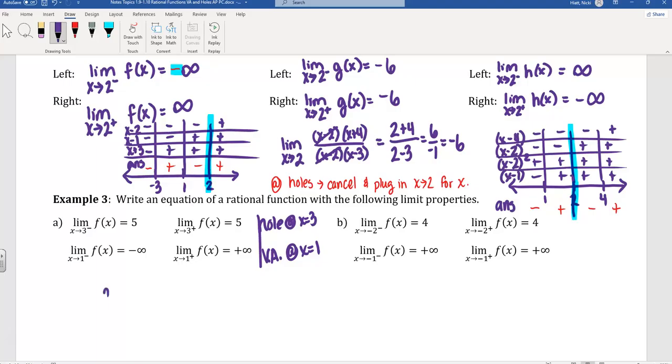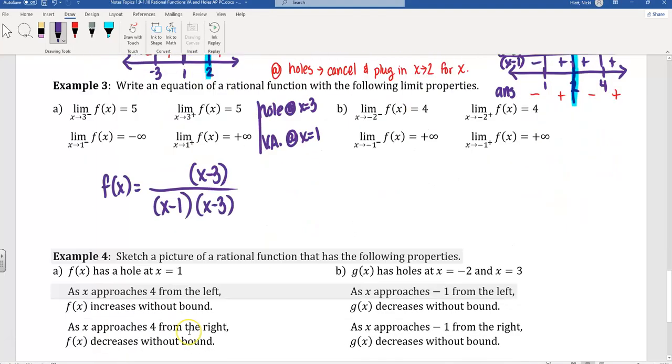So I know, if I want f of x here, I need an x minus 1 in the bottom that does not cancel out. I need an x minus 3 in the top and bottom because I need those to cancel so I get a hole. Now this will take care of my vertical asymptote. However, I will not get 5 if I plug in 3 right here, right?